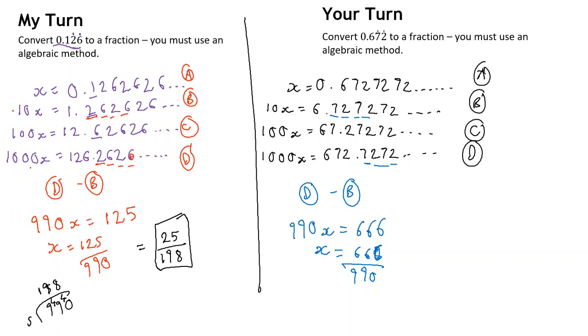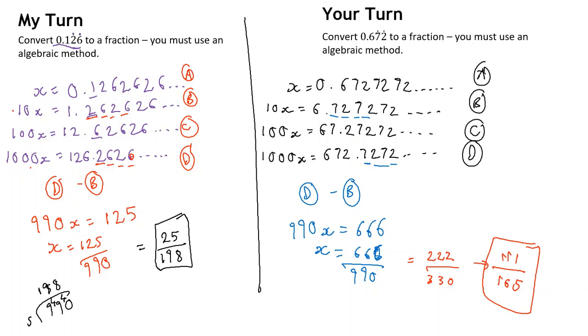Now let's have a think. Well, those both divide by 3, don't they? Which therefore gives 222 over 330. Those both divide by 2, giving 111 over 165. And I'm pretty sure that that is in its simplest form.